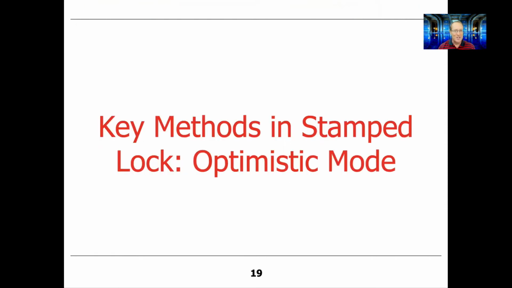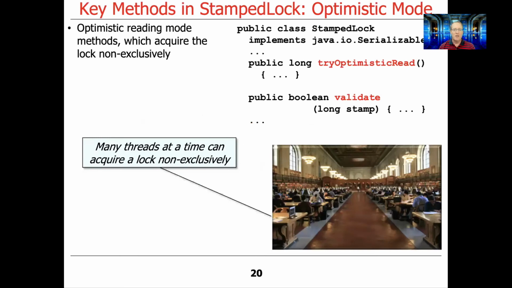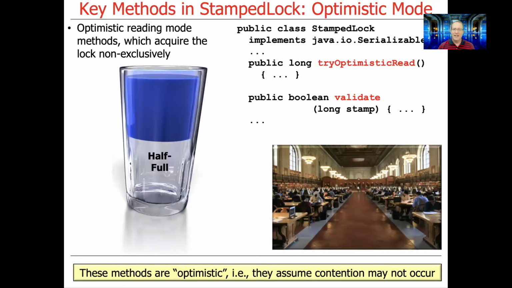Okay, now let's talk about something completely different. To quote Monty Python, let's talk about StampedLock and its optimistic mode. So the optimistic reading mode acquires the lock non-exclusively, but also probabilistically. And as with regular read mode, you can have many threads acquire it in optimistic mode at the same time.